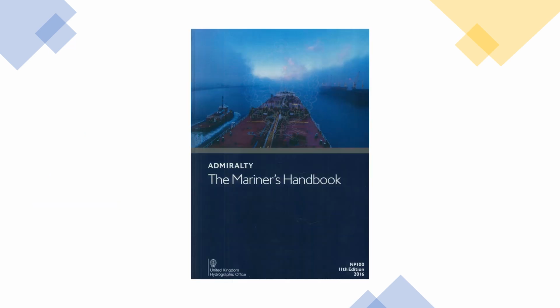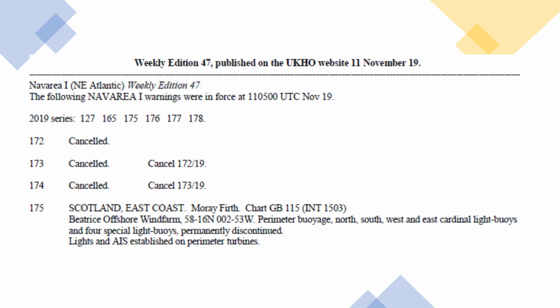This is what the Admiralty Mariner's Handbook looks like, and it comprises a lot of essential information related to weather and sea conditions, including wind, currents and all that in particular nav areas. The nav areas, like I said, number about 21, and I'll show that to you later as well.